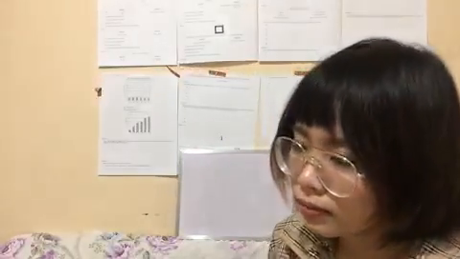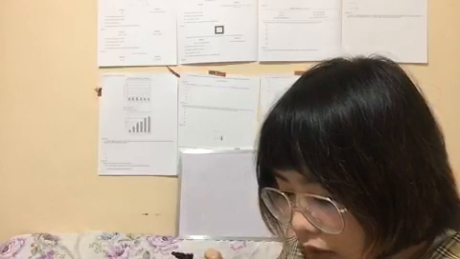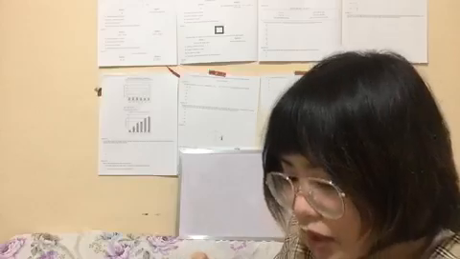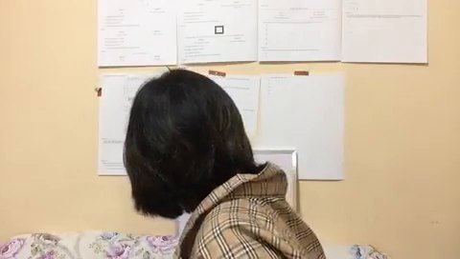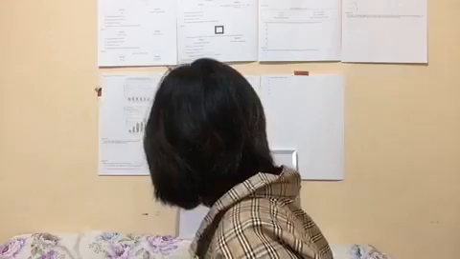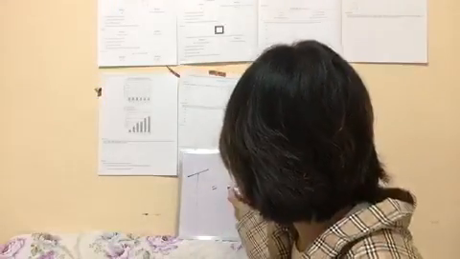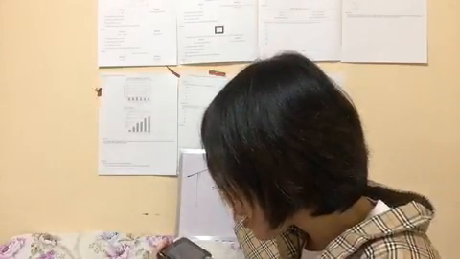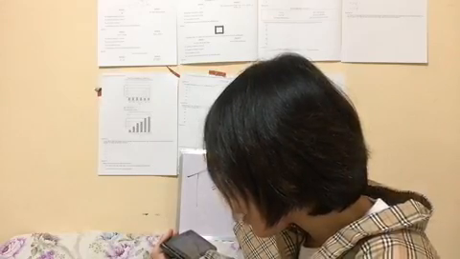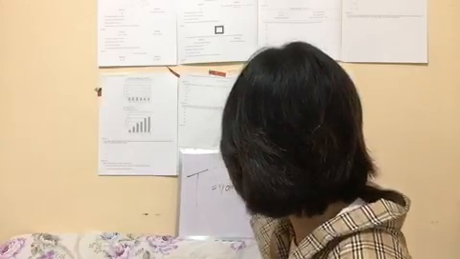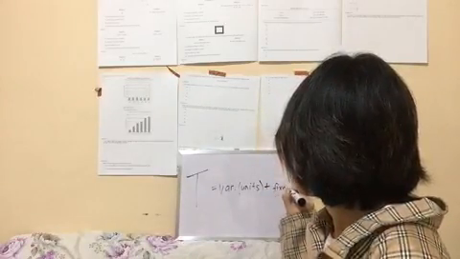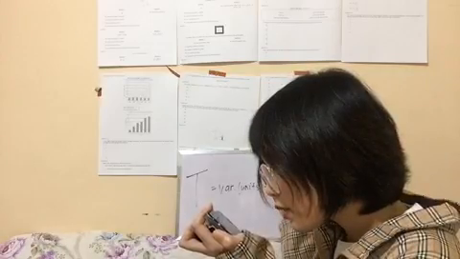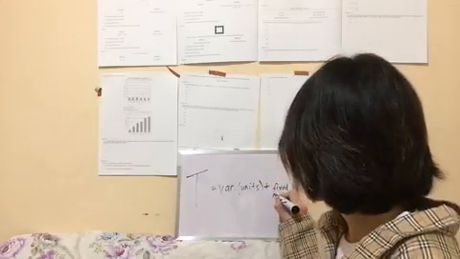So the total expenses of the company will be like this: total is equal to the variable times the number of units, plus the fixed monthly expense, fixed ME.